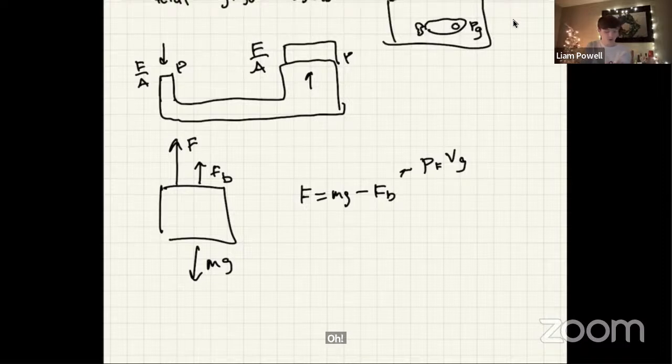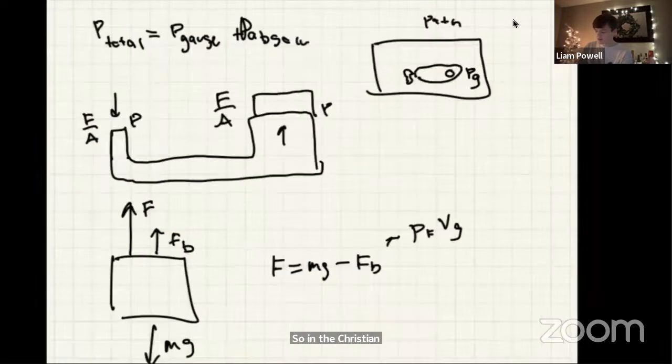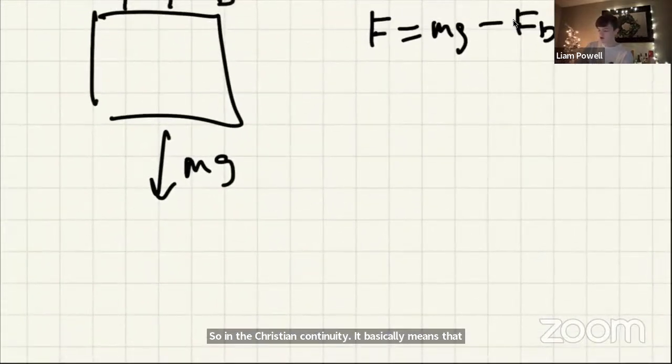And then now on to Bernoulli's principle. Oh wait, no, actually we're going to do, I think this is called the equation of continuity. In the equation of continuity, it's kind of similar to Pascal's principle, but not for hydraulics.